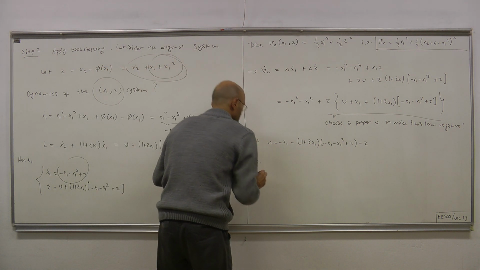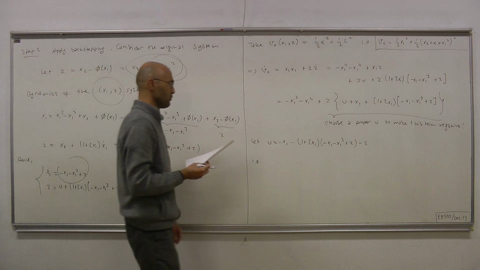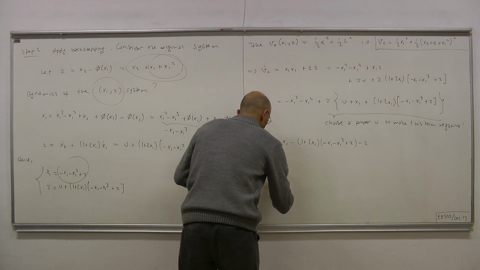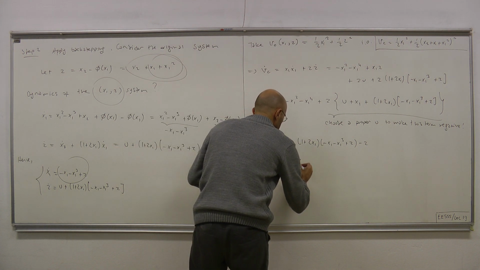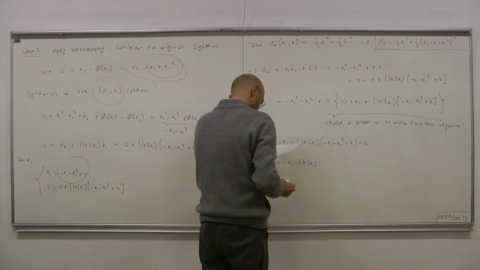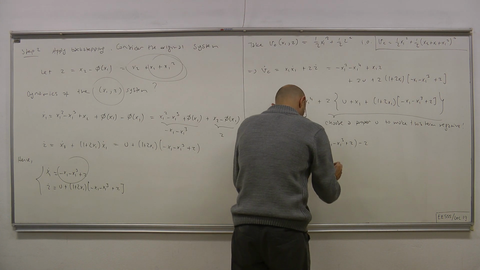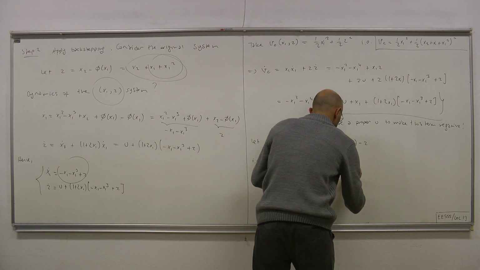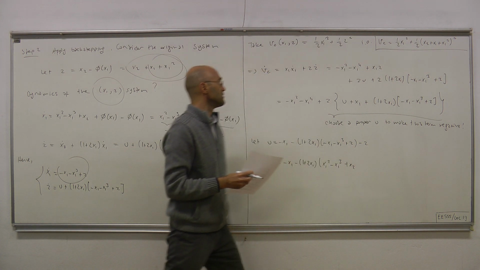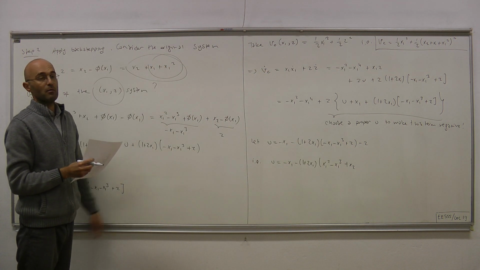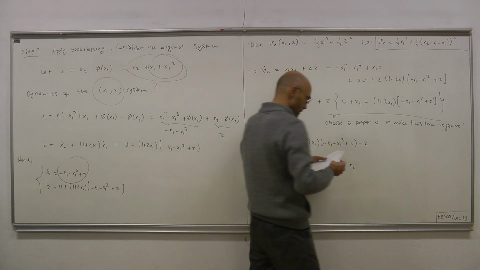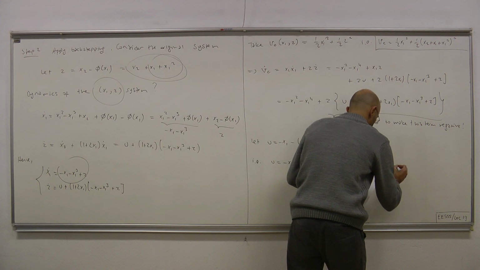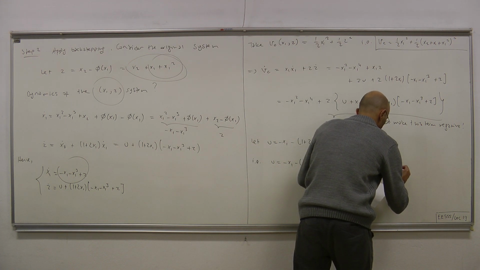In terms of the original coordinates x1 and x2, we're talking about u equals minus x1 minus (1 plus 2x1)(minus x1 cube plus x2 plus x1 squared), minus z, which is x2 plus x1 squared.